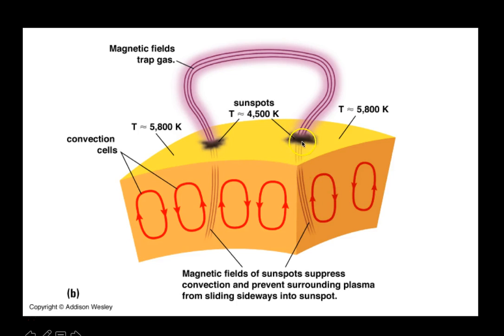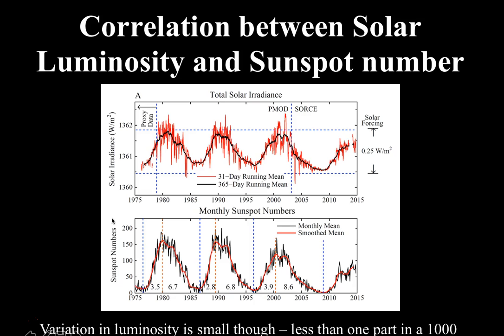So the region where we have the sunspot cools off because convection does not occur in this region. Heat isn't being replaced from below, and heat is escaping from the top surface. So the thing cools off. Kind of interesting how it works that way.